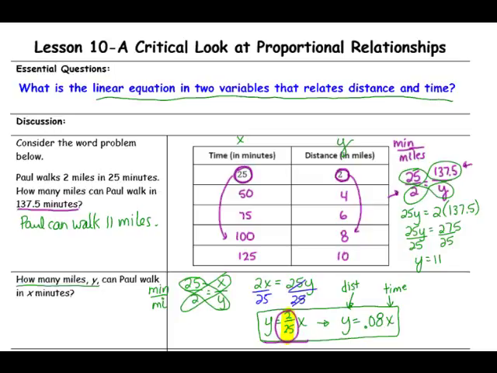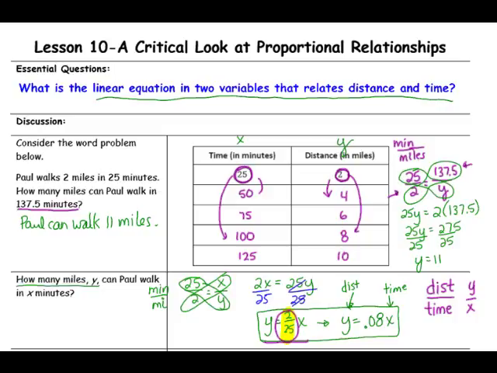It's the distance traveled divided by the time in minutes it took to travel that distance. It is the y value divided by the x value. It's also between each row of the table. For example, the difference between 4 miles and 2 miles is 2 miles, and the difference between the associated times of 50 minutes and 25 minutes is 25 minutes.